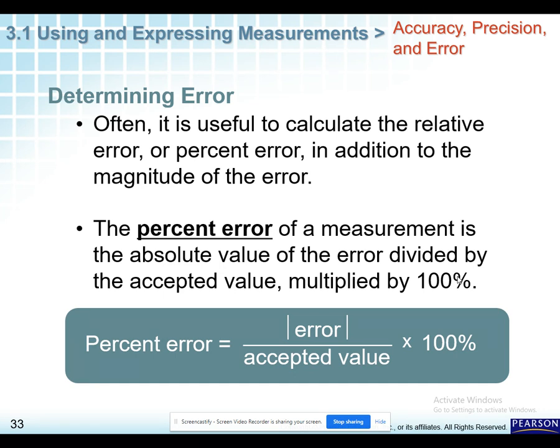The definition is that the percent error of a measurement is the absolute value of the error divided by the accepted value, multiplied by 100. If you know anything about math, absolute value must always be positive. That's what the absolute value bars mean. So we just got a negative 0.9, but instead of negative 0.9, this has to be a positive 0.9.